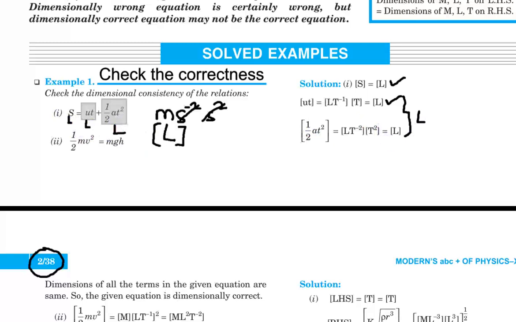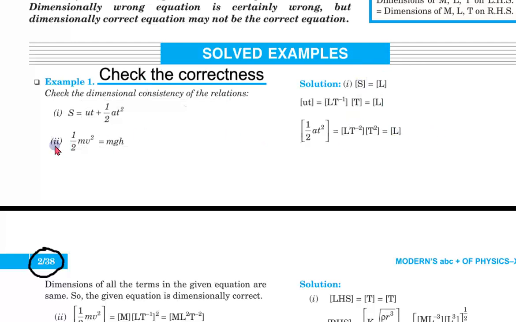So by proceeding the same process, let me go to the second problem. Half is just a number, and it does not have any unit, so I can neglect half in terms of unit. M is mass. Let me write it first. Kg, it's left hand side. Let me solve left hand side first.